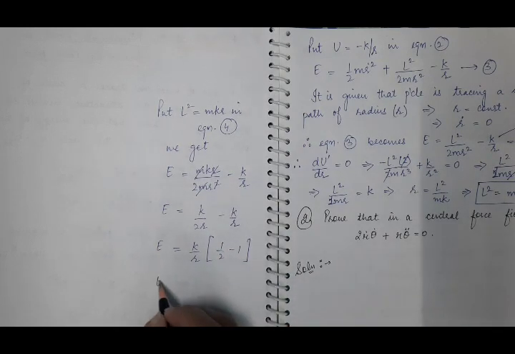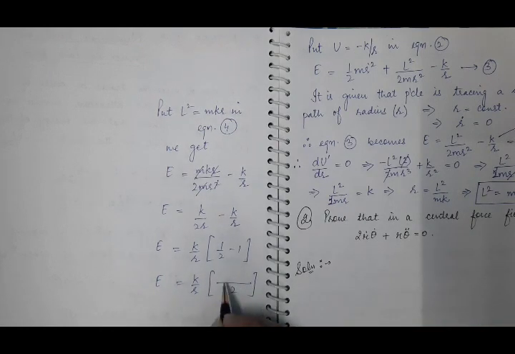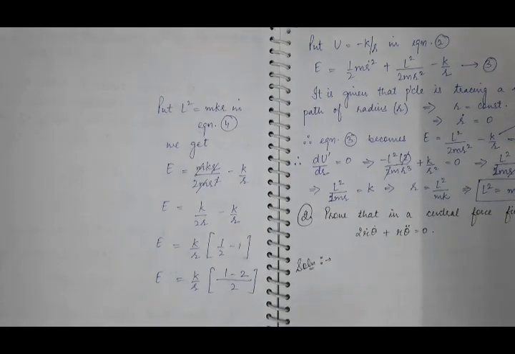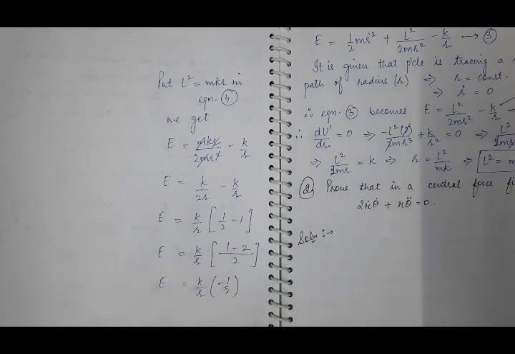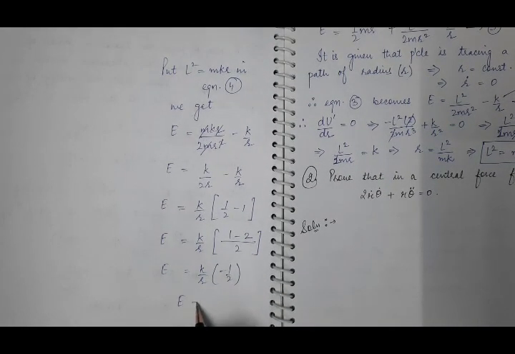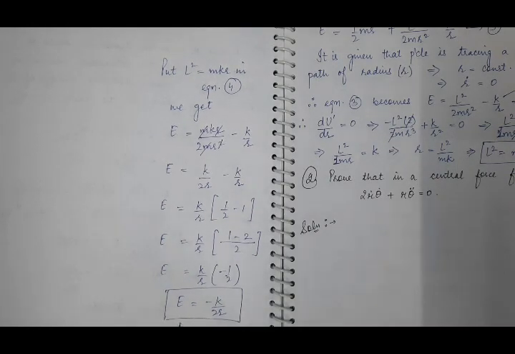So take its LCM. LCM is 2 and here we have 1 minus 2, that is minus 1 by 2. So the total expression of total energy is minus k by 2r, hence proved.